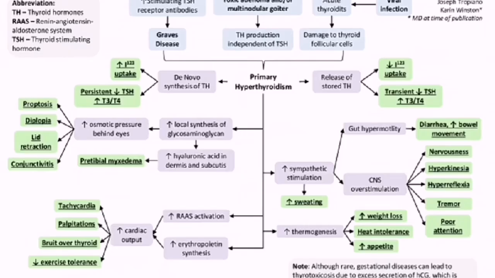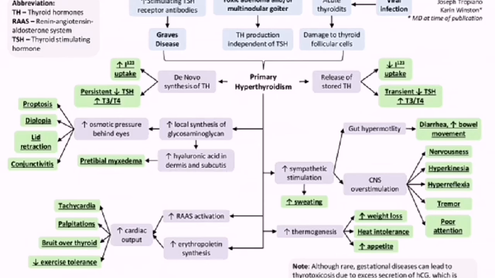We have some talk about the pathogenesis of hyperthyroidism. You can see here stimulating TSH receptor antibodies, toxic adenoma and multinodular goiter, and acute thyroiditis due to some viral infection.